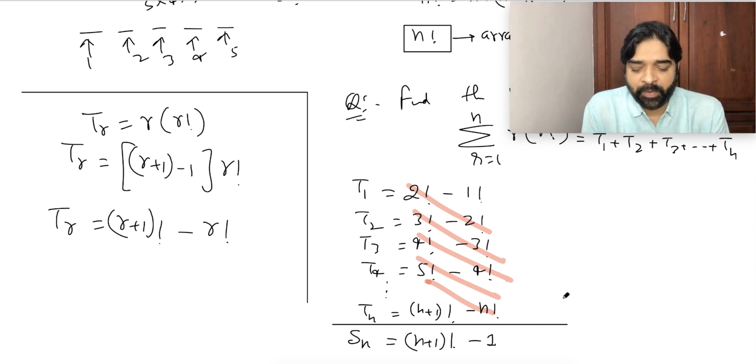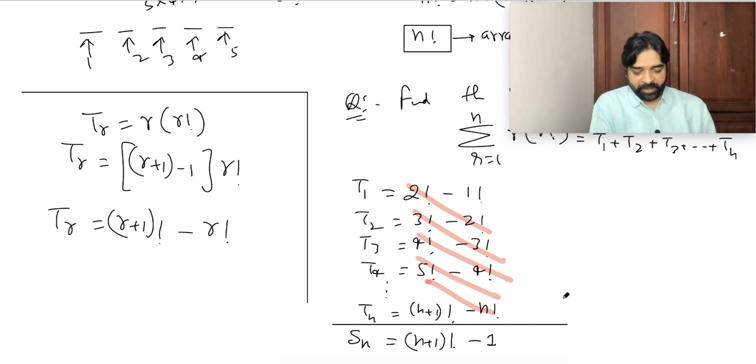Always make a rule: whenever you are getting the summation of any series, if it's not AP, GP or a known series, always try to write it in the form of difference and then go by adding.